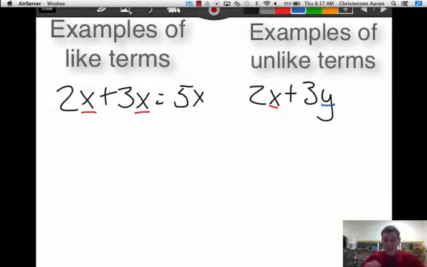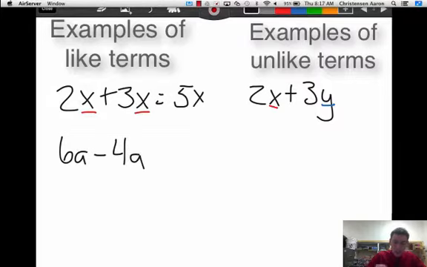So those are not exactly the same, so we can't add those. But if we have 6a minus 4a, well, here again, we have like terms, so we get 2a.